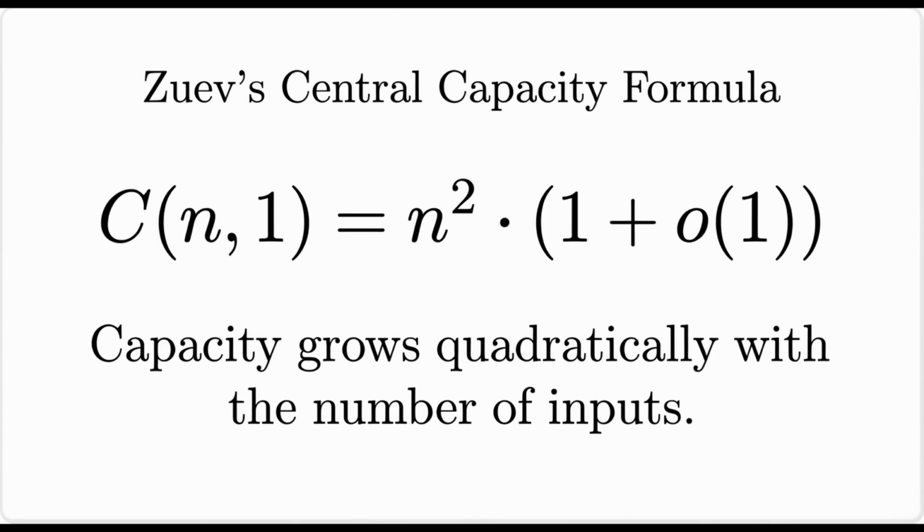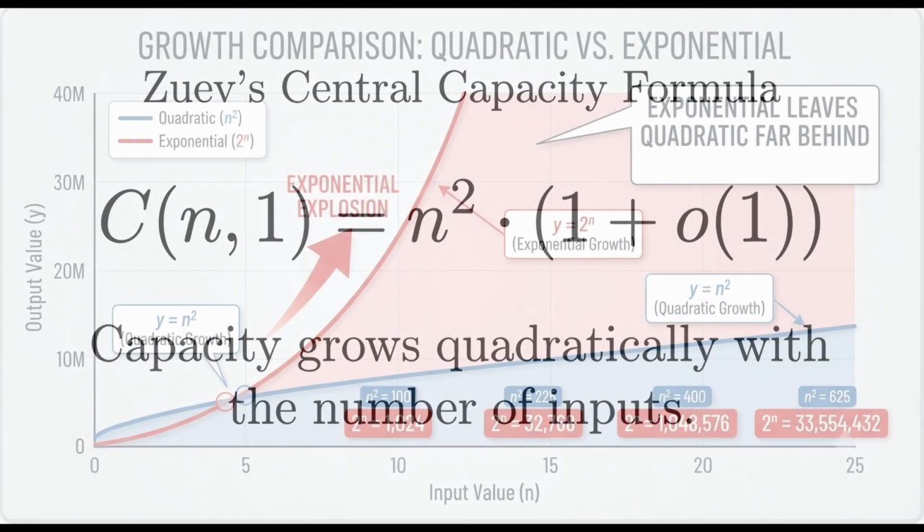This question was studied for decades and was only fully resolved in the 2000s by the Russian mathematician Zuev. The result is stunningly elegant. Capacity grows roughly like n squared, vastly slower than the astronomical total number of Boolean functions, which grows exponentially as 2 to the power of n.